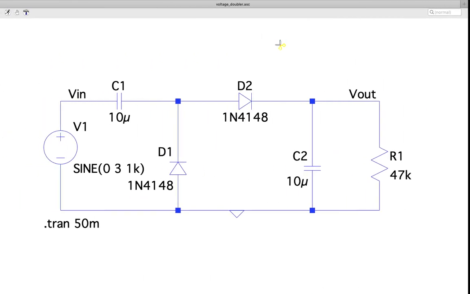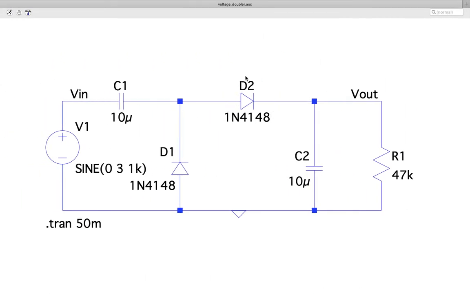But what happens because of the diode drop? We know that diode drop is around 0.6. So whenever this capacitor is getting charged, it is not charged to VM. It's charged to VM minus VD. Similarly, whenever this capacitor is being charged, it is supposed to charge to VM, but again it also gets charged to a lesser voltage of VM minus VD.